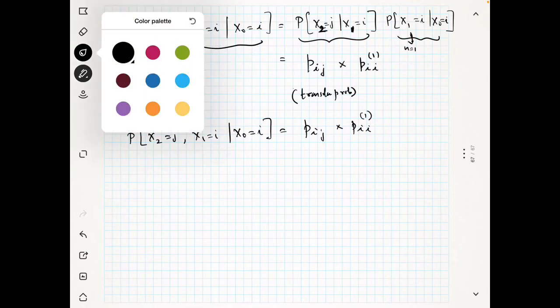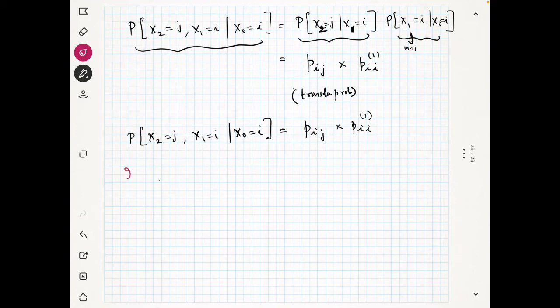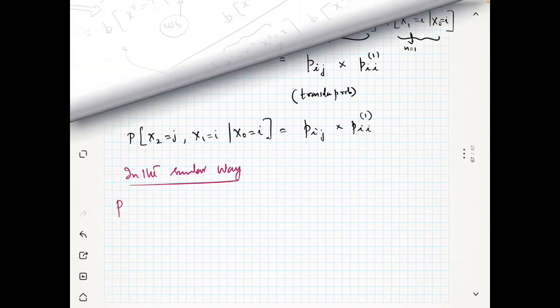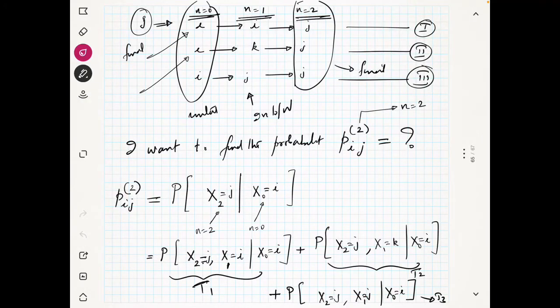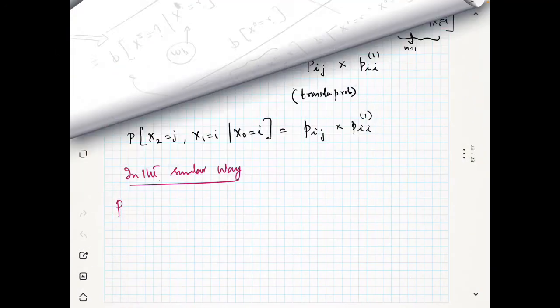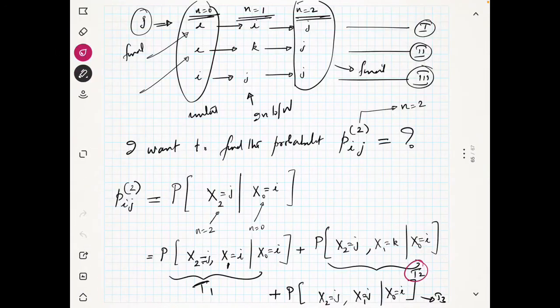Similarly, you can write in the same way the second term. I am talking about the second term that we have already considered. This is term 2 now. It is the probability that x2 is equal to j, x1 is equal to k, and x0 is equal to i.